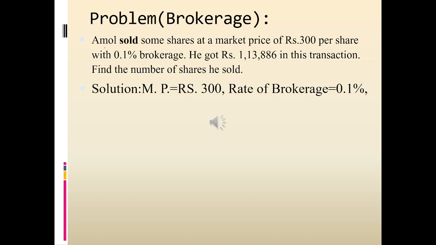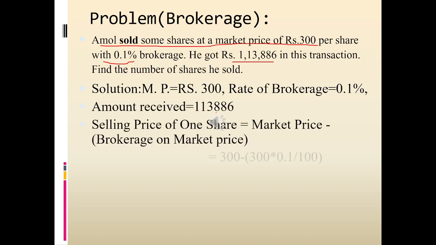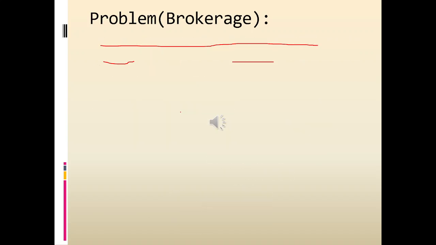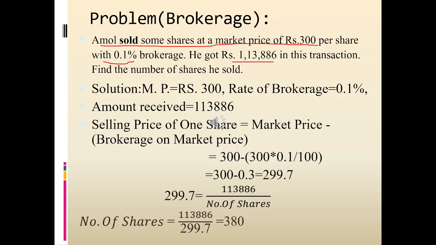So here Amol sold some shares at market price 300. Then brokerage is 0.1%. He got 1,13,886. So here, sorry, not total investment, the amount received is 1,13,886. After this, the selling price of one share, we know, is market price minus brokerage.